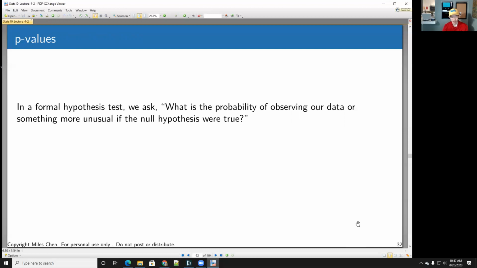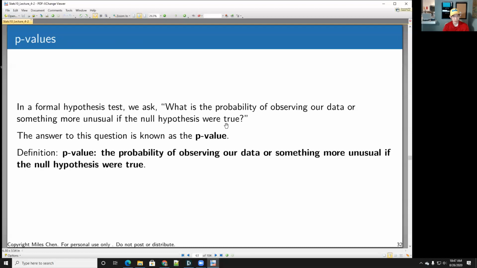This probability is known as the p-value. The p-value is the probability of observing our data or something more unusual if the null hypothesis were true.